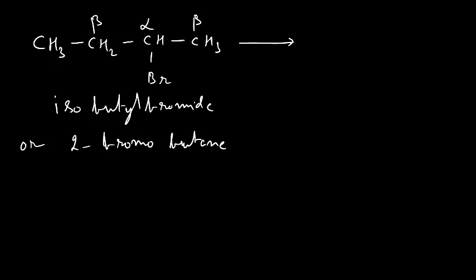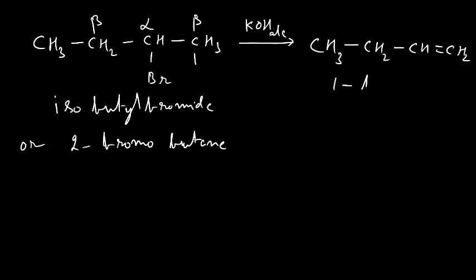Now in the presence of alcoholic KOH, from which carbon is hydrogen removed? There is a possibility of removing hydrogen from both the carbon atoms. Suppose the hydrogen is removed from the first carbon, then what is the product? CH3, CH2, CH, double bond CH2. What is this substance? 1-butene.